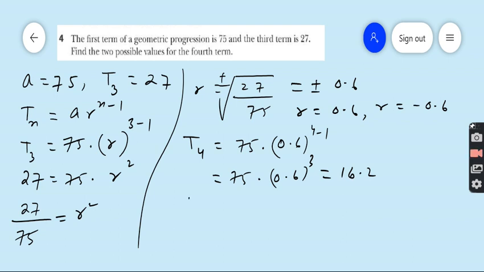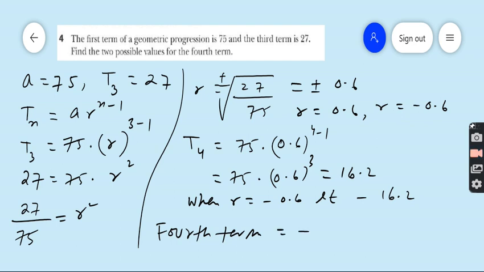Obviously when R is minus 0.6 it is minus 16.2, hence the fourth term is equal to plus minus 16.2. This is our final answer, plus minus 16.2. These are very easy questions. Move to question number 5.